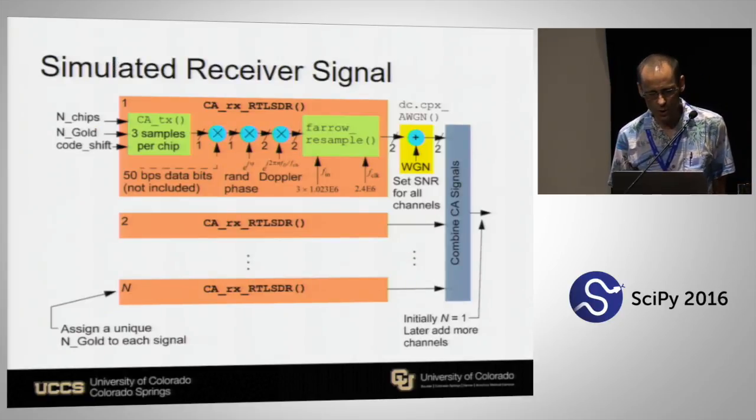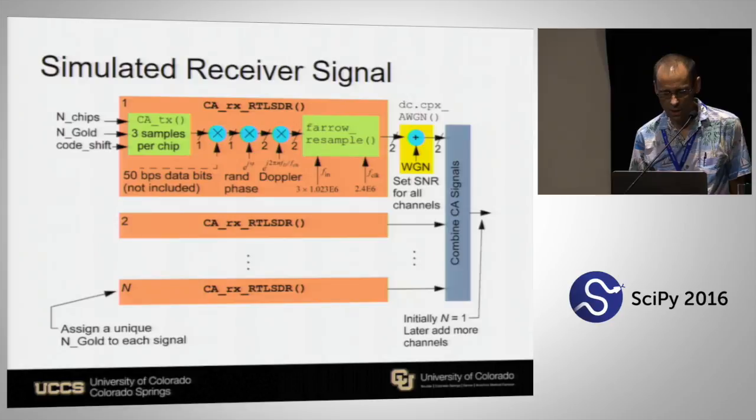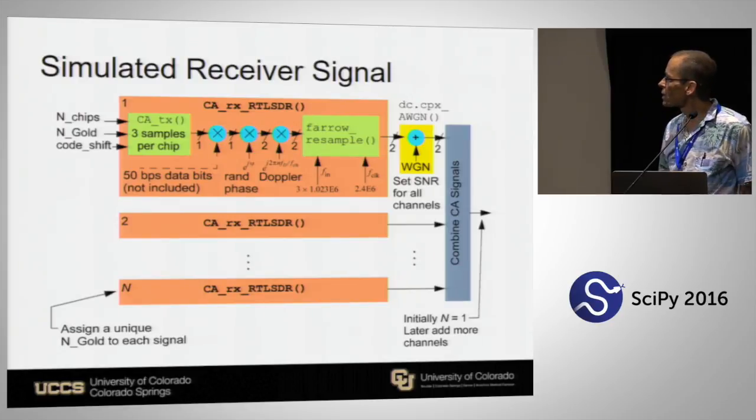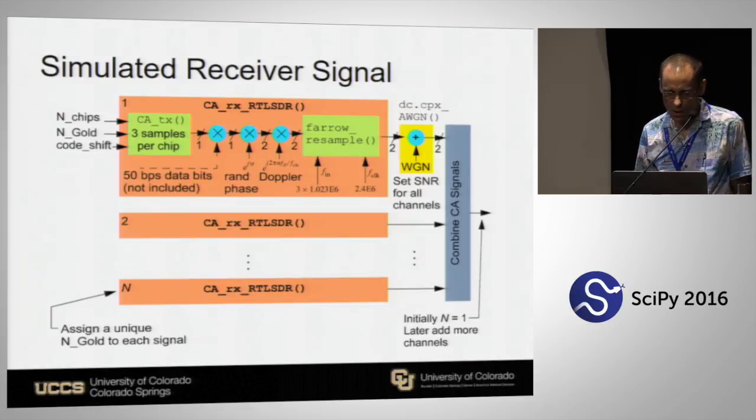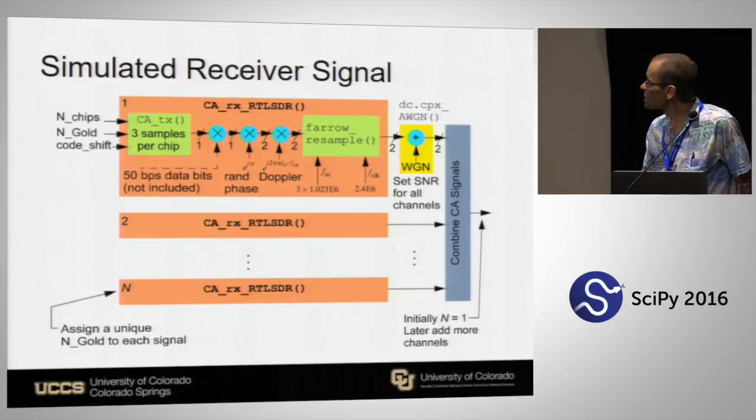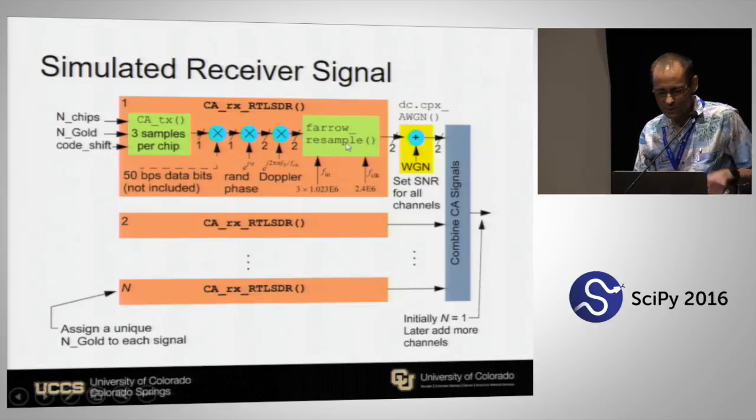If I don't have the real RTL-SDR captured data, then I have a simulation environment, and that's all provided in the module as well. So I generate CA codes at the proper sampling rate to correspond to the hardware capture. And these are functions that are in some of my other pieces. I keep wandering for my pointer because it only shows up here. It doesn't show up here.